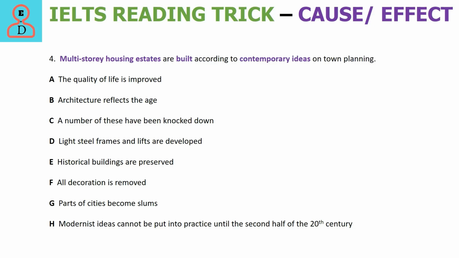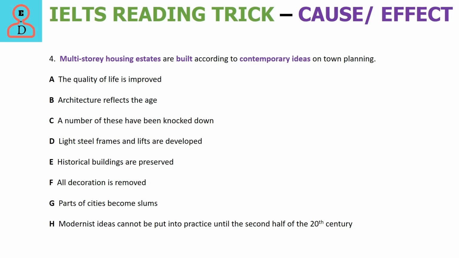In the next cause, we are talking about making multi-story buildings as per the contemporary style. Now, the contemporary style is the latest style belonging to the time mentioned. First, we look at the main subject, multi-story buildings.